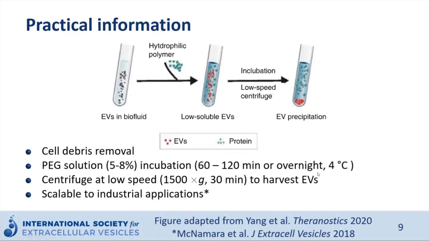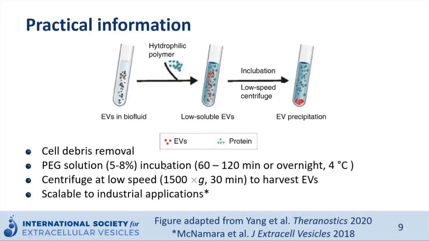So in practice, PEG is very easy to use. Typically, we need to remove cell debris with sequential low-speed and high-speed centrifugations. Samples are then mixed with PEG solution to reach final concentrations from 5% to 8% of PEG, followed by incubation at 4 degrees.